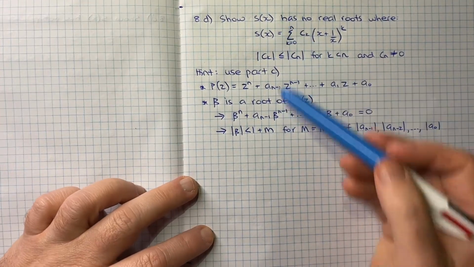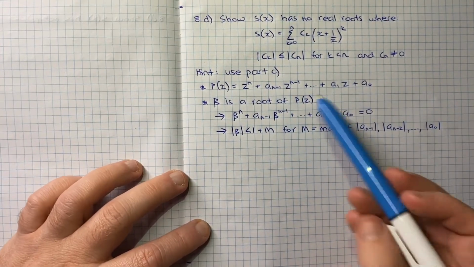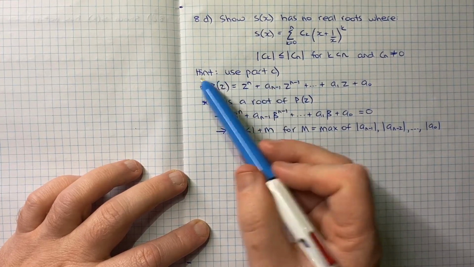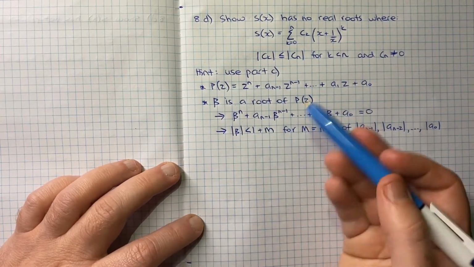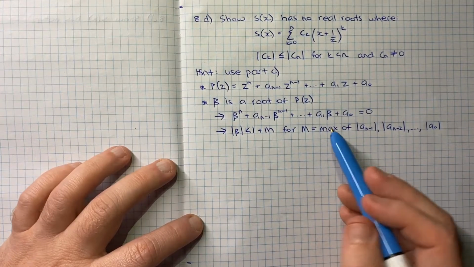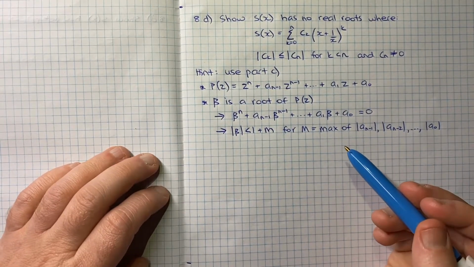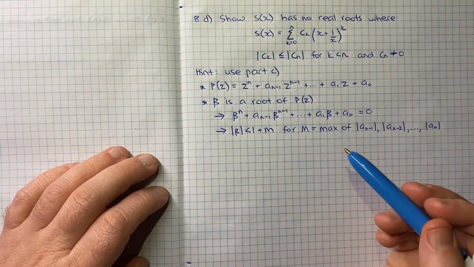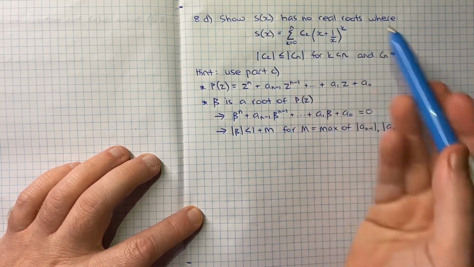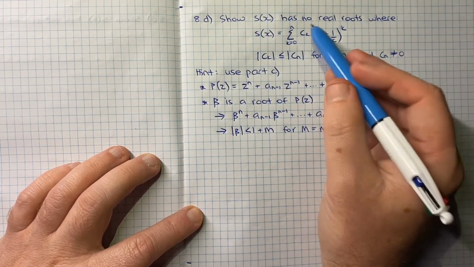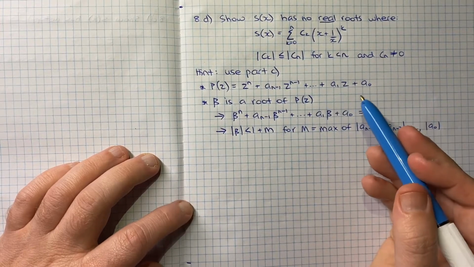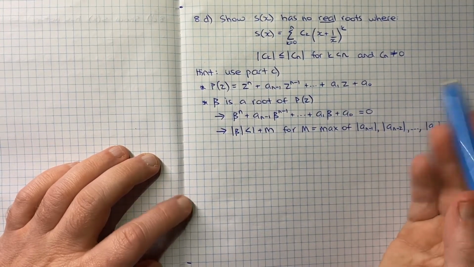So I've written out the key pieces of information from this question, including some of the key elements from part C, given we were provided with the hint to link up with part C. In terms of what technique is going to help us here, when you're asked to prove something about the roots of a polynomial, in this case no real roots, you may see other questions that ask you to prove something like no rational roots.